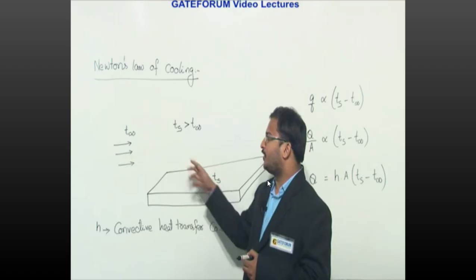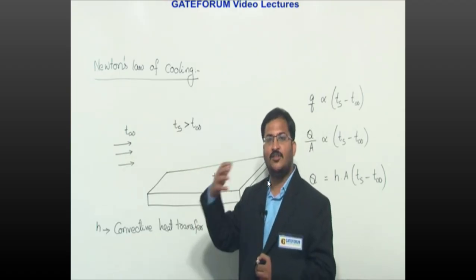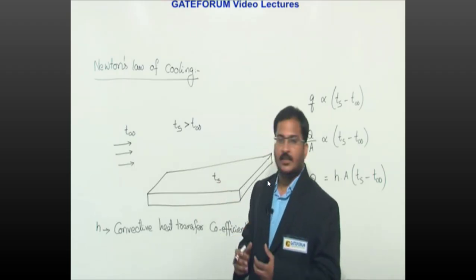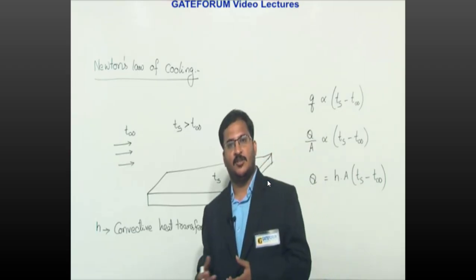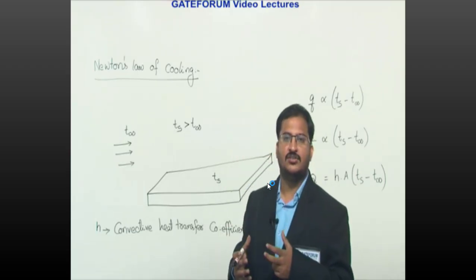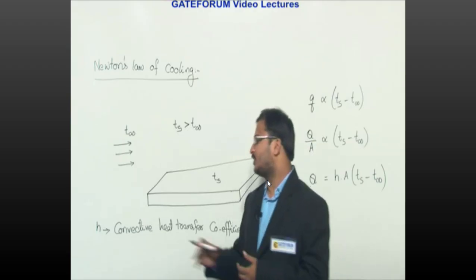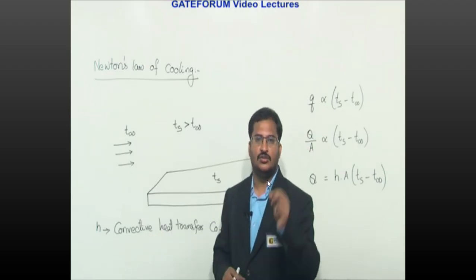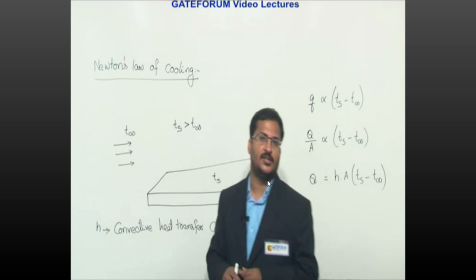When we take a pipe in which fluid is flowing and heat transfer is taking place by convection, we need to take the pipe diameter as well as length. Like that, if we take a rectangular duct, we need to take different dimensions. So based on the dimensions or geometry of the object through which the fluid is flowing, this convective heat transfer coefficient varies. That is the geometric parameters which affect it.